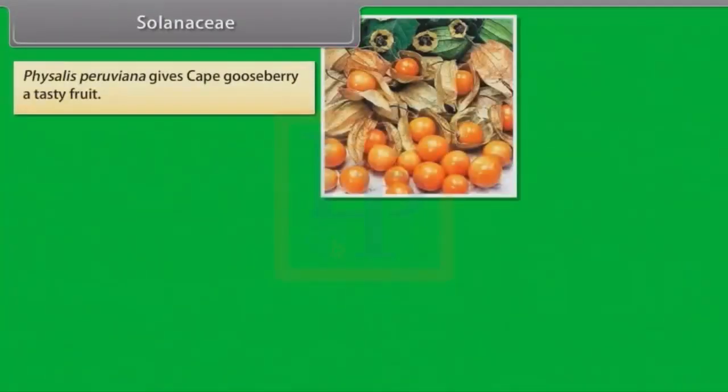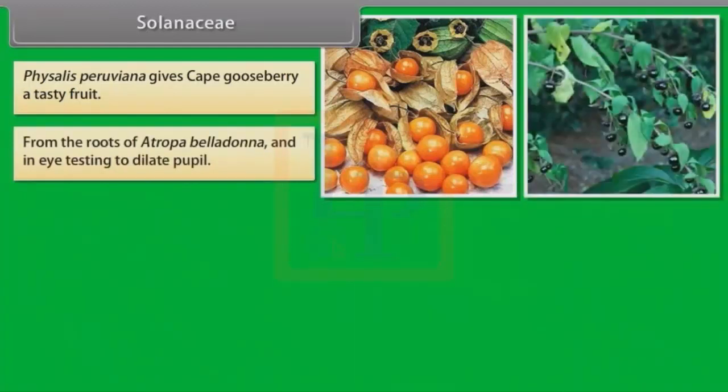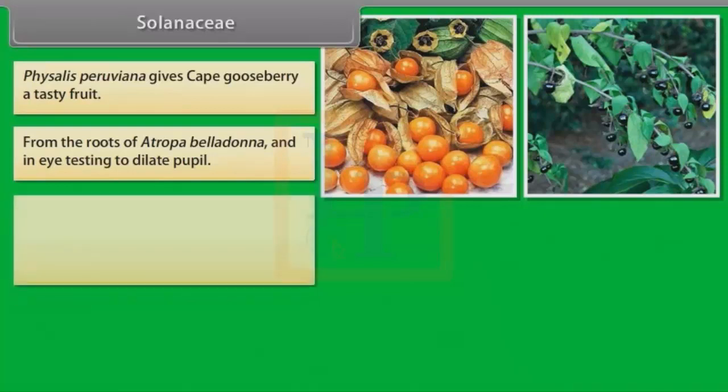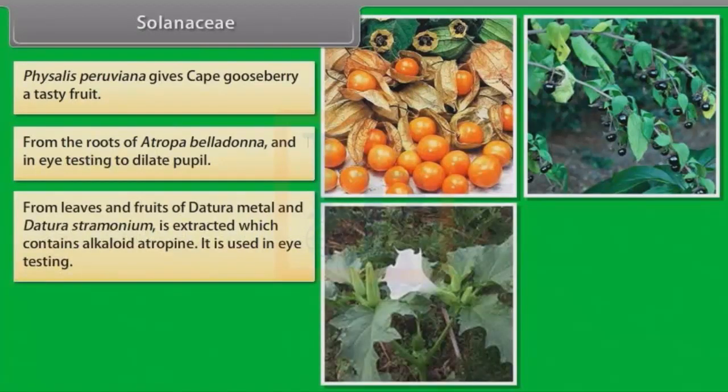Physalis peruviana gives Cape gooseberry, a tasty fruit. From the roots of Atropa belladonna, atropine is obtained, used in eye testing to dilate the pupil. From leaves and fruits of Datura metel and Datura stramonium, an alkaloid, atropine, is extracted.